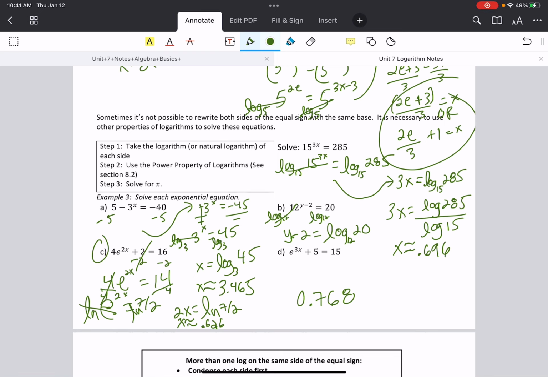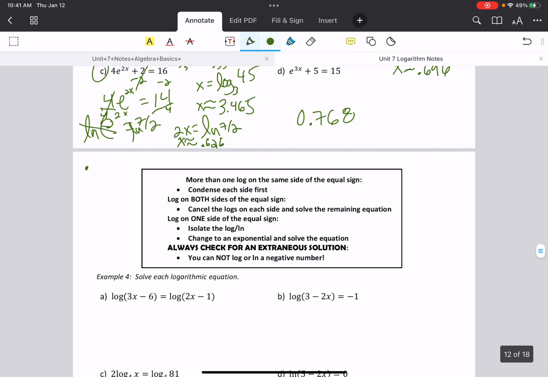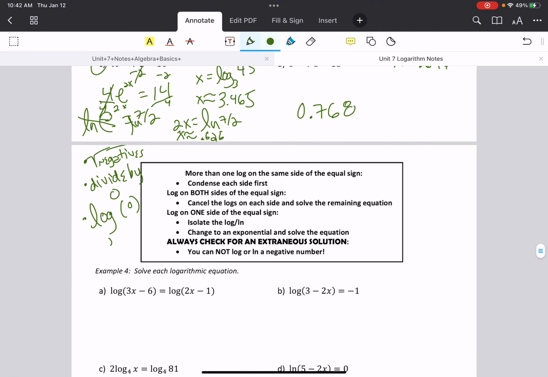So we have 3 main types of errors that we have to be careful with for extraneous solutions: square root of negatives, divide by 0, and now the log of 0 or the log of negatives.